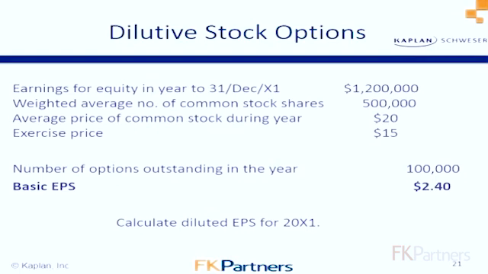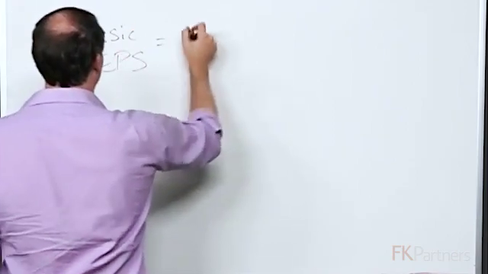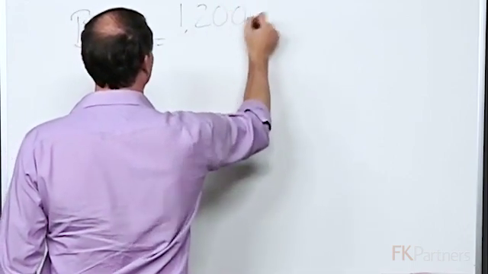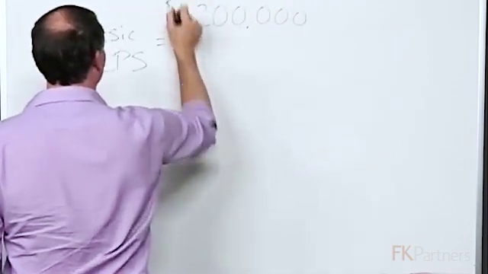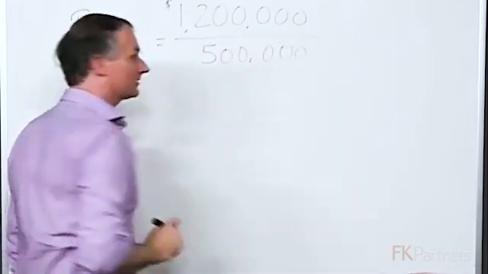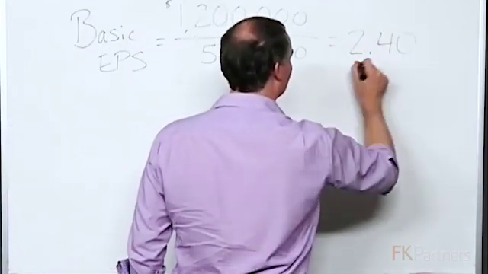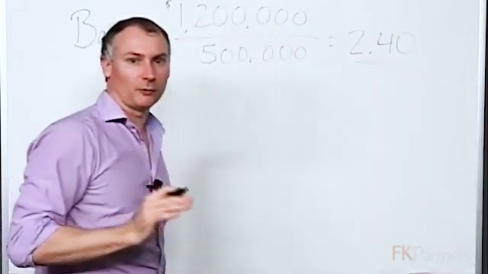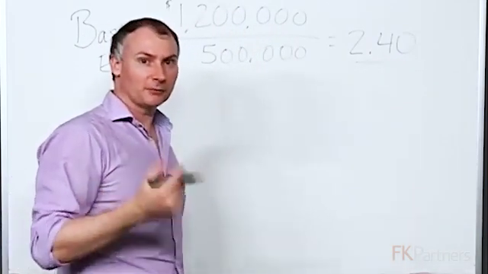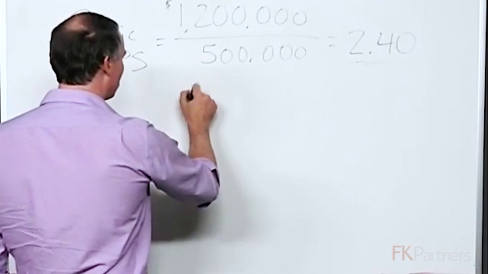So you have a calculation for the basic EPS, which would be, I'll write it up here, the earnings number, 1,200,000 over the 500,000 shares outstanding. So this is going to give us a basic earnings per share number of $2.40.